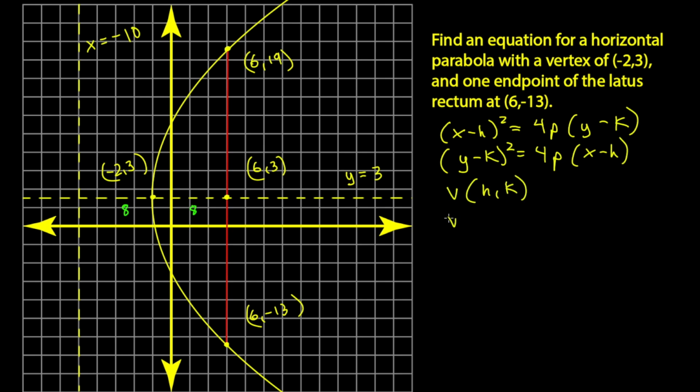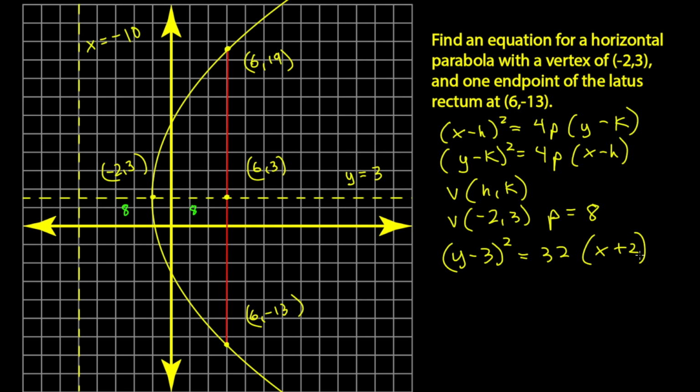So now in this case, the vertex coordinate is (-2, 3), and p is either the distance from the directrix to the vertex or from the vertex to the focus, equals 8. So for our parabola here, (y minus 3) squared equals 4 times 8, which is 32, times (x plus 2).